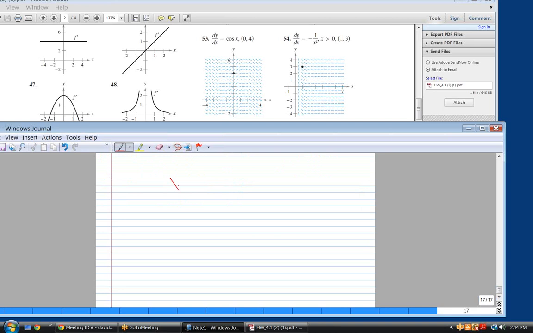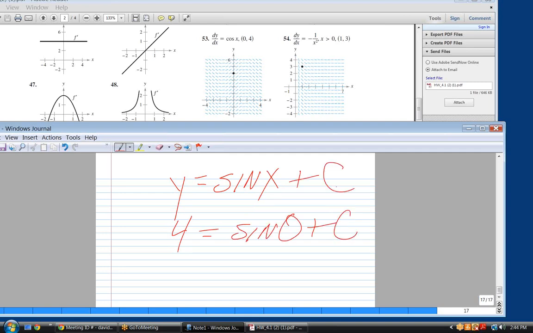So we've got, after integration, sine x, and the point 0, 4 gives 4 equals the sine of 0 plus c. So c equals 4. So we're looking at a sinusoidal function that has been vertically shifted by 4 units.